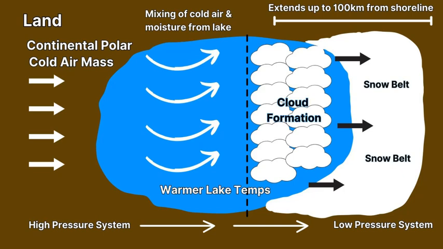This snow belt occurs downwind based on the topography and the elevation of the shoreline downwind of this air mass, and you get the production of lake effect snow. Again, this is based on certain times of year, the temperature of the lake and the air mass, and the direction and speed of that air mass moving over the inland lake to create these large amounts of snow.